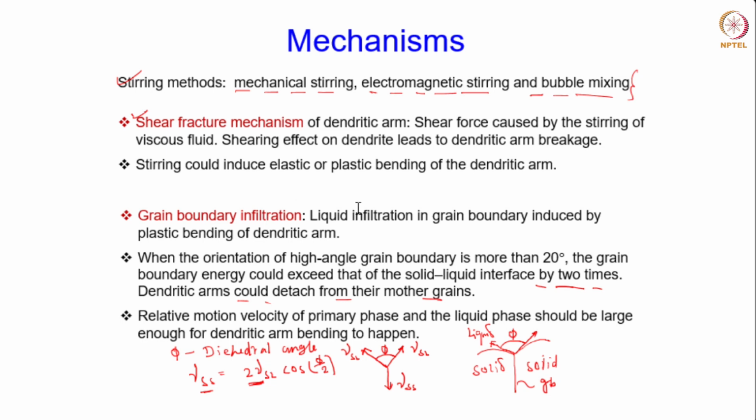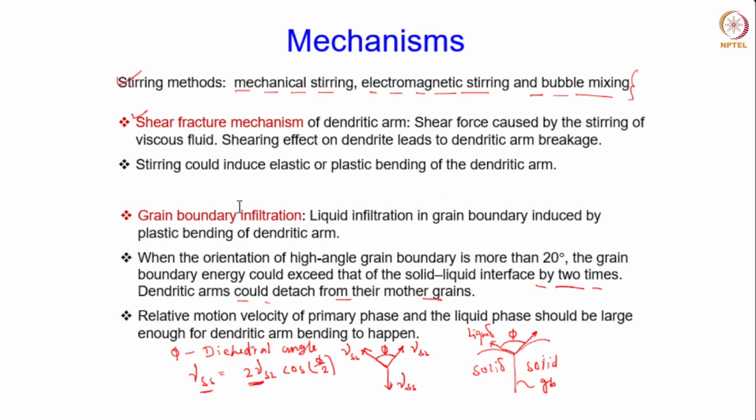And when you create the stirring in the liquid metal, there are certain mechanisms through which the grain refinement occurs, and that is what we have discussed in this class. The shear fracture mechanism, for example, leads to breakage of the dendrite arms, and the dendrite is broken into smaller fragments, leading to grain multiplication.